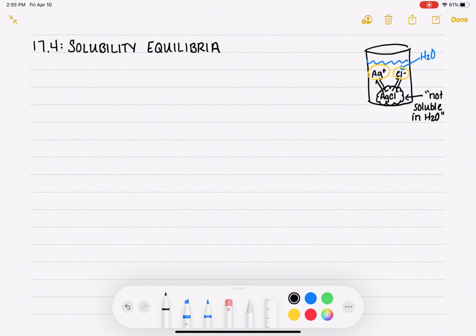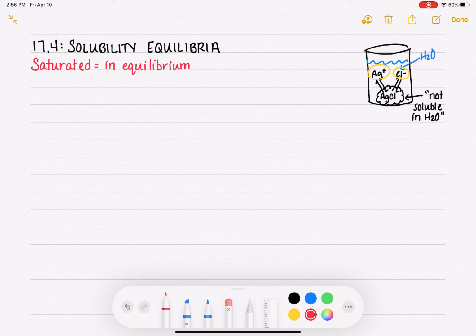So one of the key things with the solubility equilibria problems has to do with the concept of saturation, or a solution being saturated. When a solution, like one of these solutions, is saturated, that just simply means that it is in equilibrium. It has reached that perfect amount of silver ion and chloride ion that have dissociated and gone up into the water, and the balance between the silver ion and the chloride ion and the solid AgCl is just perfect.